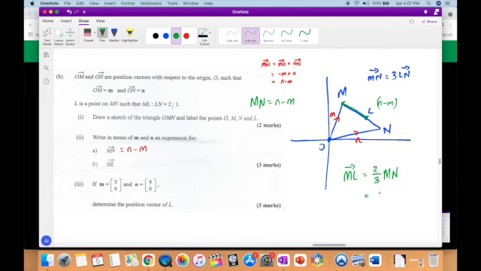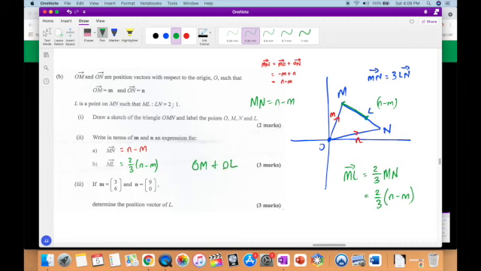So therefore ML is 2/3 of n minus m, and you could leave it like this, no problem. 2/3 of n minus m plus OL. But remember you had OM plus OL, but it has nothing to cancel off here.